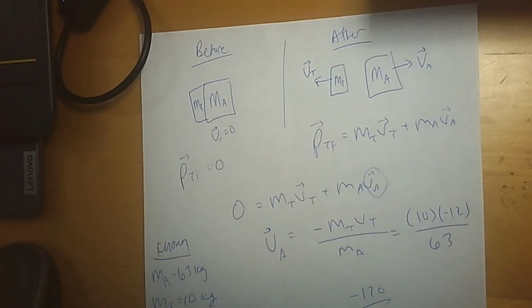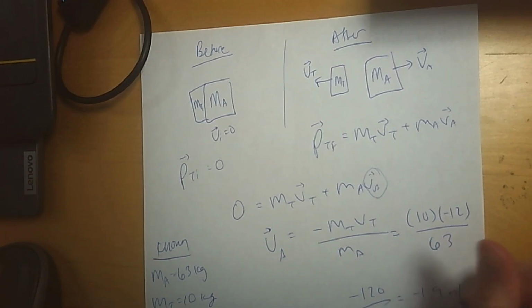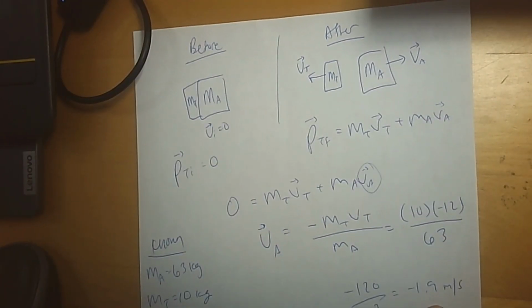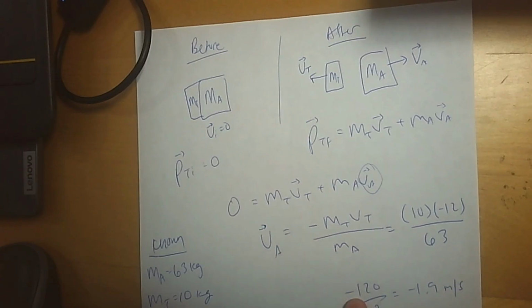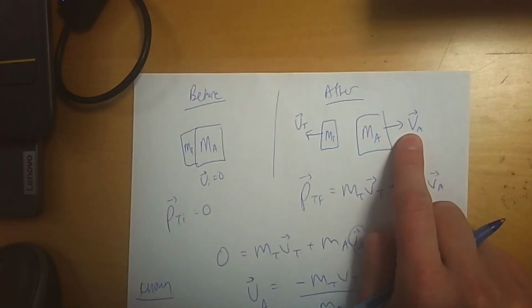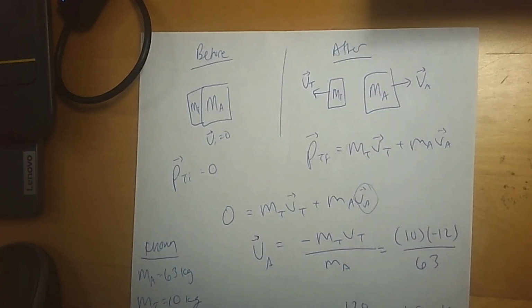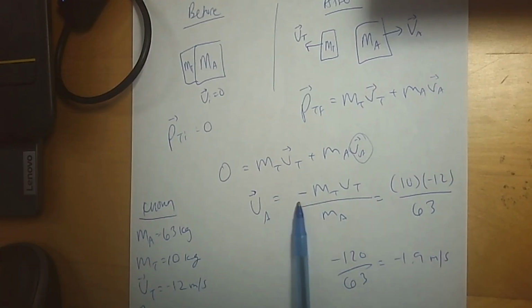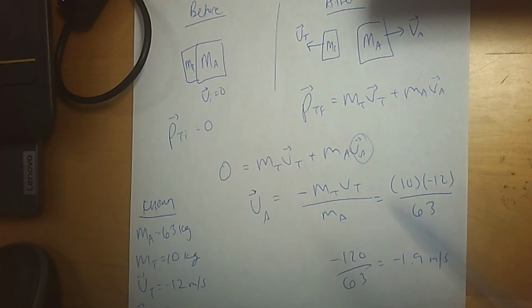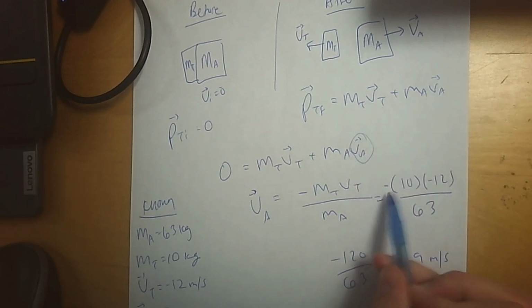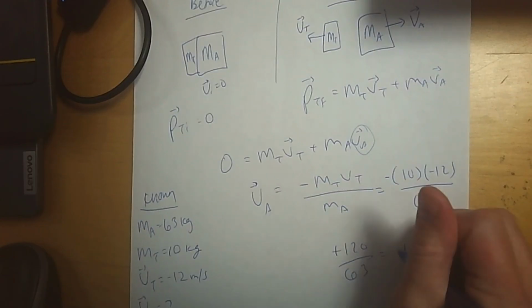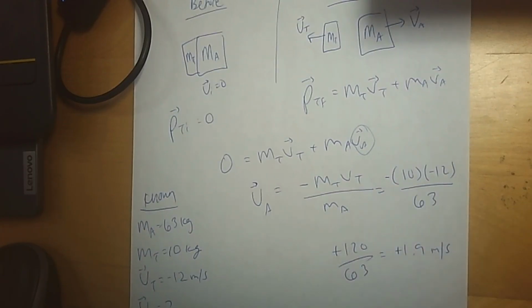So I have negative 1.9 meters per second as the astronaut's velocity. And it doesn't make sense that I have a negative sign because this should be positive. So what did I do wrong here? I hope you can see my mistake. I have a negative sign here that I didn't carry through over here. So it should have been negative 10 times negative 12, which would have given me positive 120 over 63, which would have been positive 1.9.